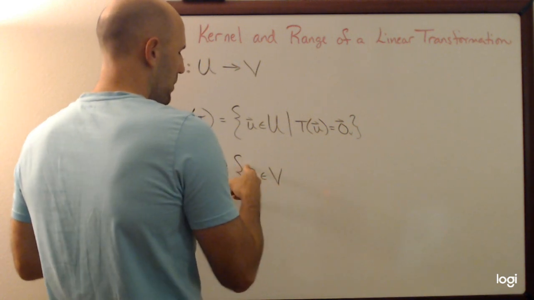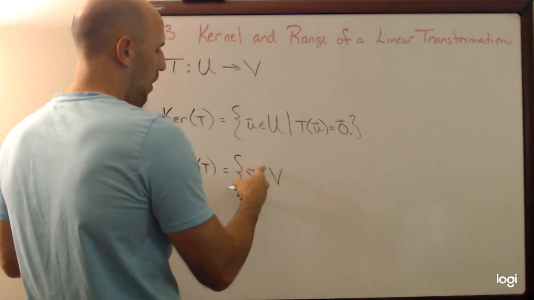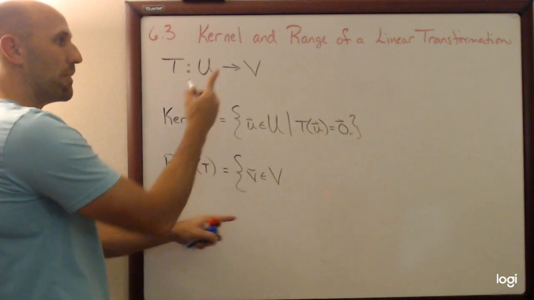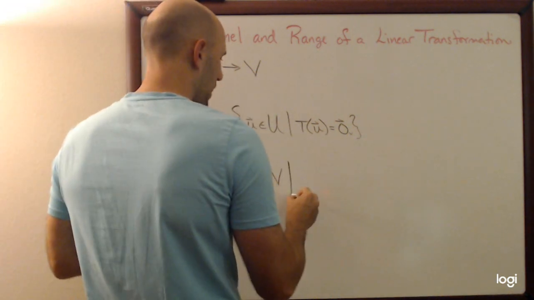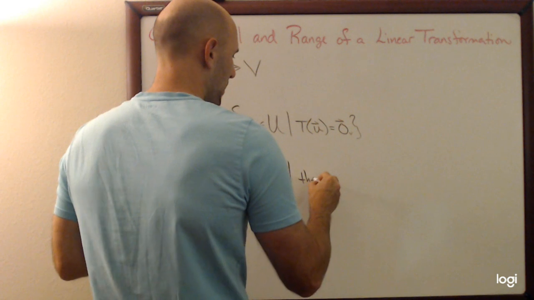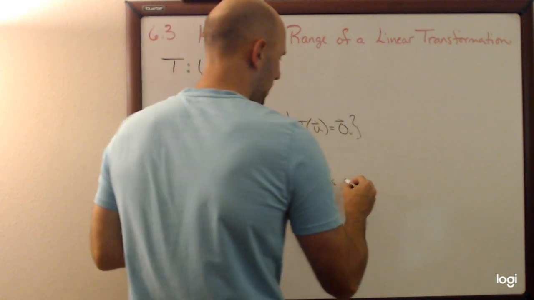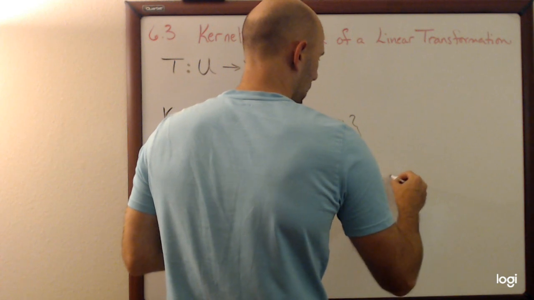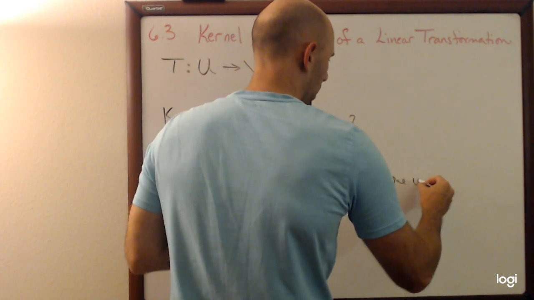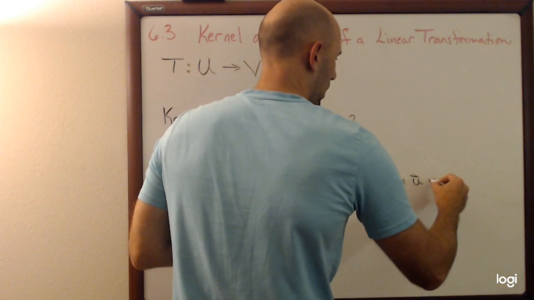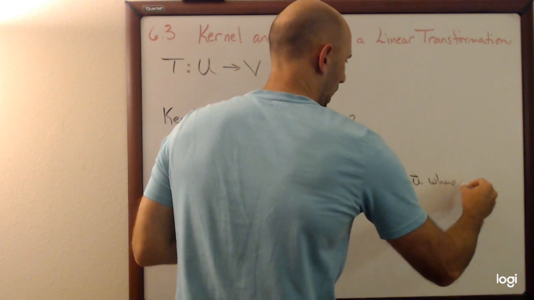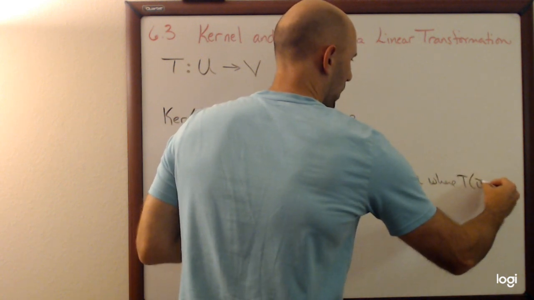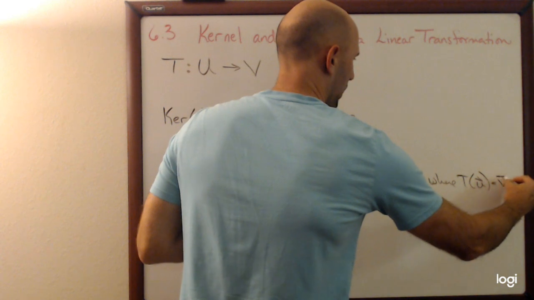It's all the vectors v in V, in my codomain, such that there is at least one u where T(u) = v.